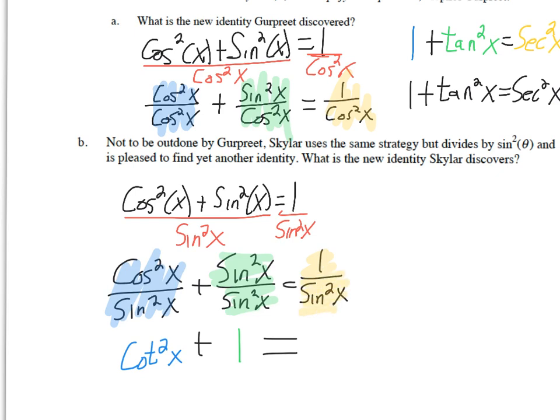That's the same as cosecant squared x. So the new property is cotangent squared x plus 1 equals cosecant squared x.